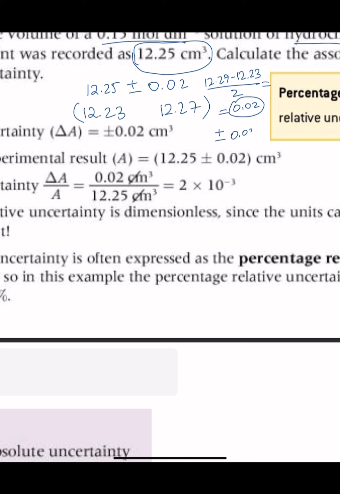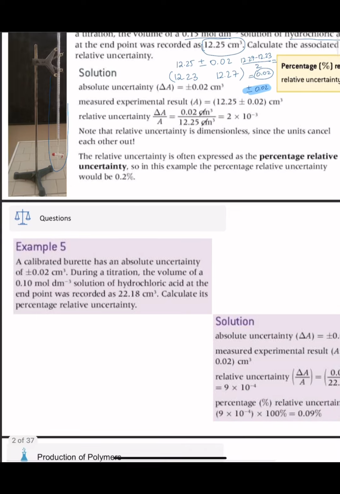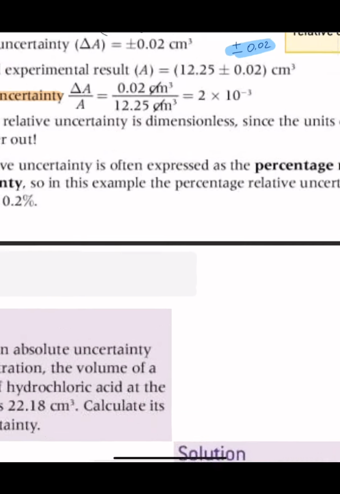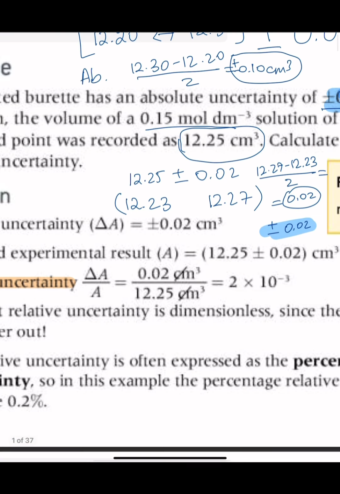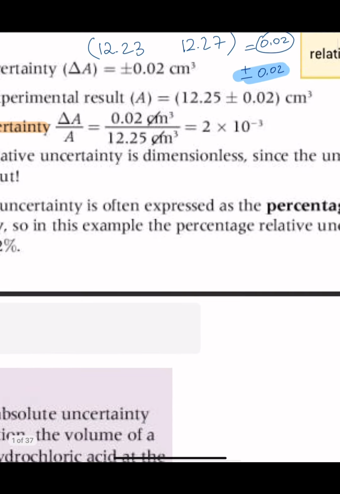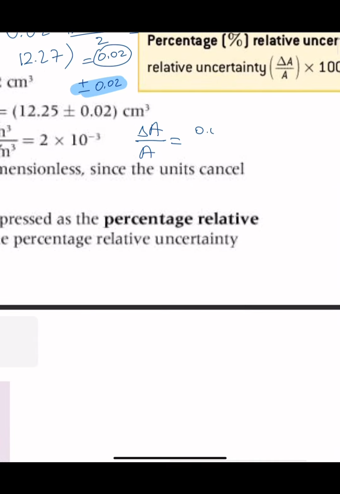Anyways, once you know your absolute uncertainty, which is 0.02 and is given to us, you may get asked to find the relative uncertainty. Okay, relative uncertainty. Whatever your reading is, in this case 12.25, the formula is to divide the absolute uncertainty by the reading, which is 0.02 divided by 12.25.